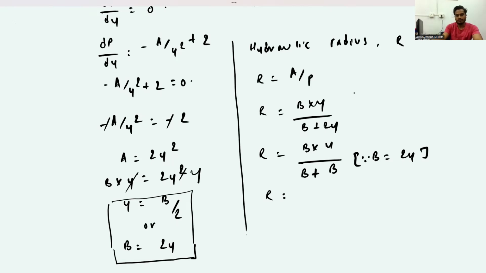So R is equal to B into Y divided by 2B. We can cancel out B and B. So R is equal to Y by 2.